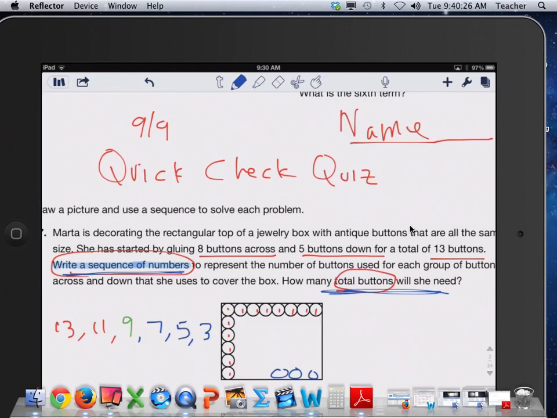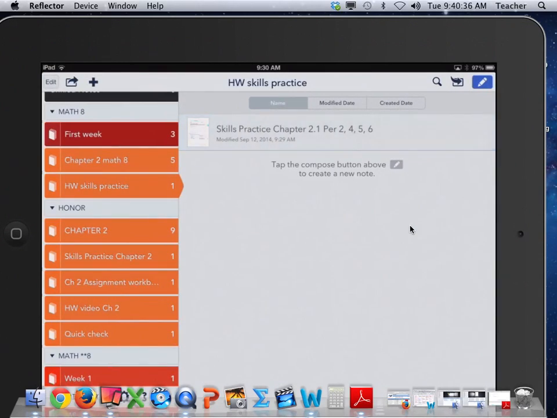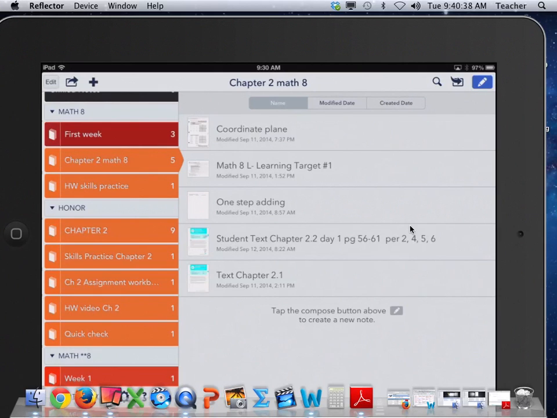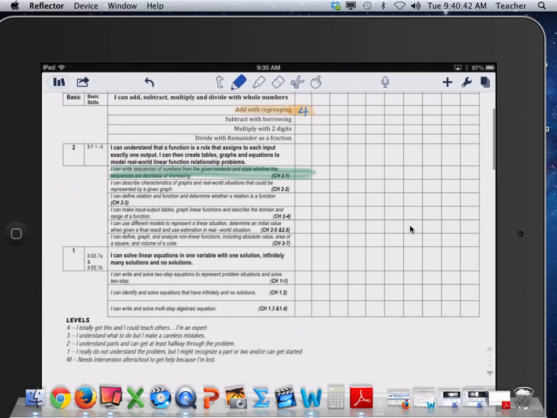Okay. Remember, I need to put up a 1. Take out your gold sheet, the learning target log. Take out the learning target log. This one. That is if they did the sequence, but they didn't have the right number.